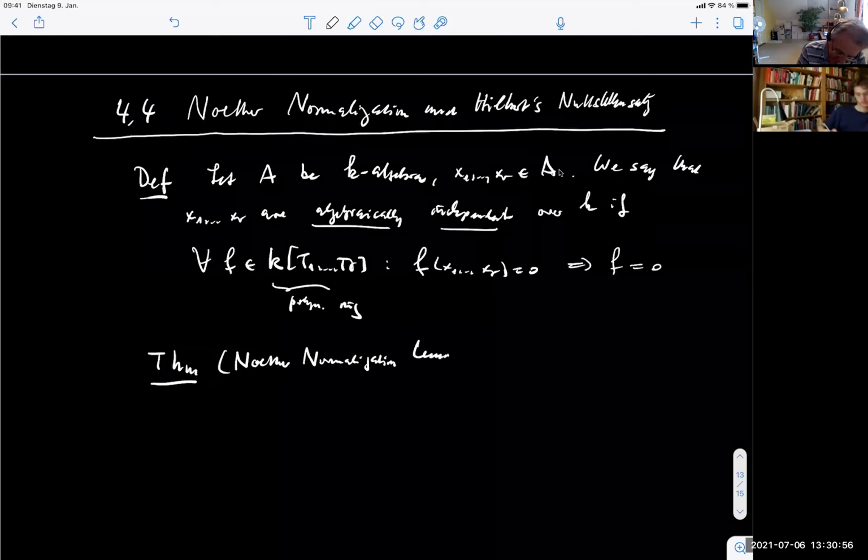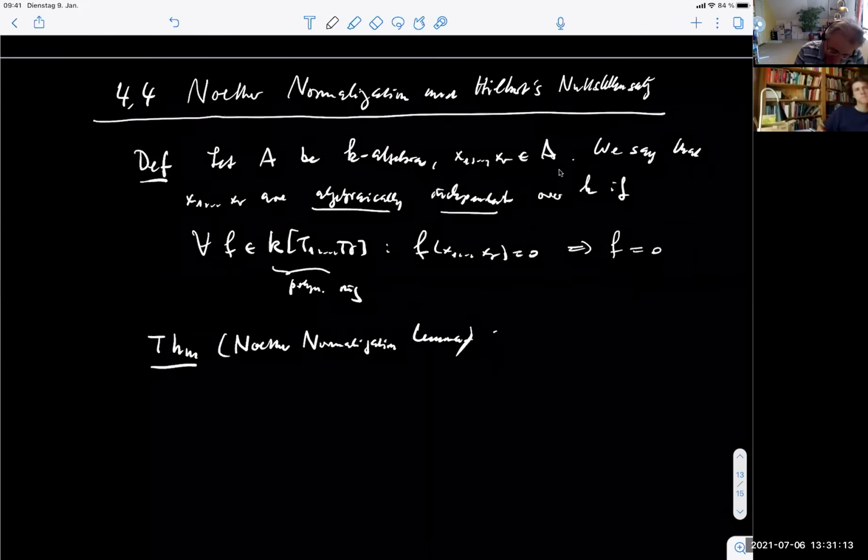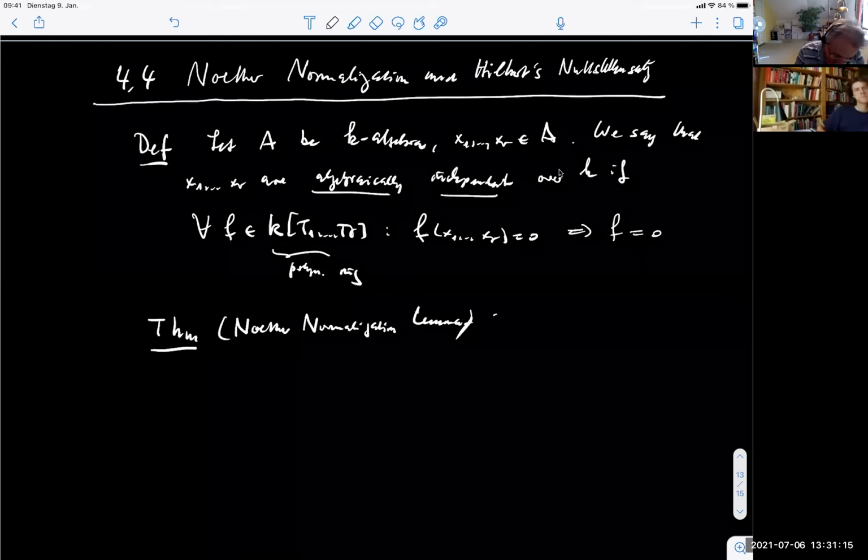Lemma sometimes. Very often, if a theorem is named after a person, it's not appropriate. This was known to Hilbert already, so I don't know why it is called Noether normalization. Maybe Hilbert just used this. I don't know. Okay, so let K be a field.